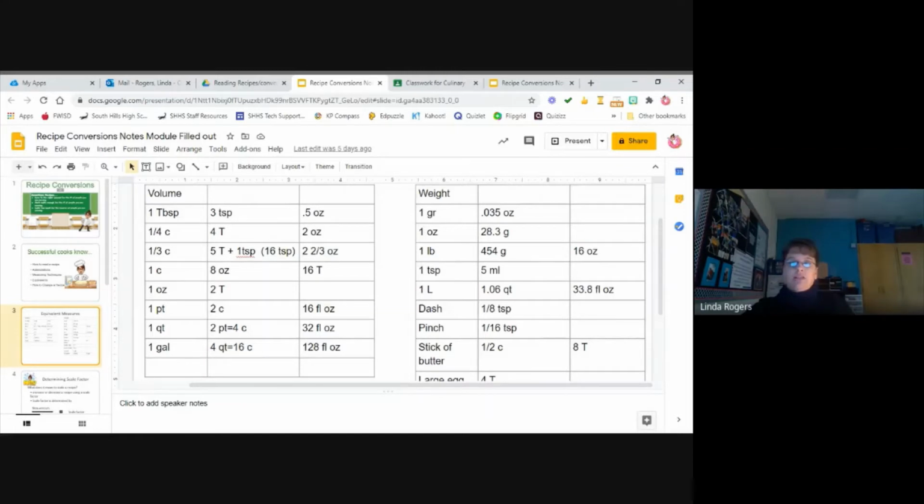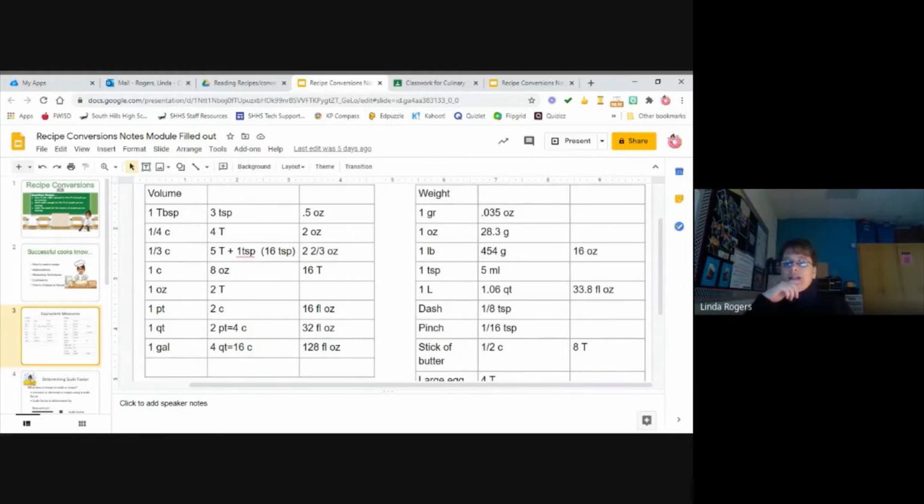A teaspoon is 5 milliliters. A liter is 1.06 quarts or 33.8 fluid ounces. Sometimes you may see in a recipe where it says a dash of salt or a pinch of something.